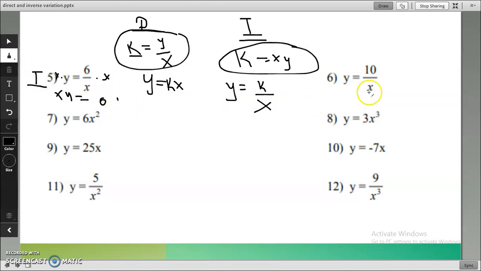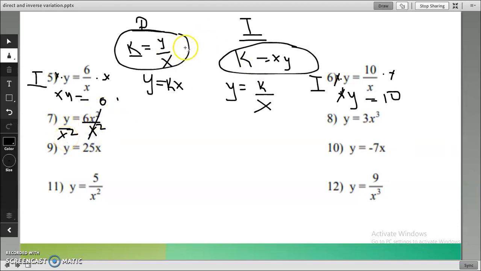So we'll put an I beside this. For the next one, I'm just going to multiply both sides by x, and I get xy again, equal to 10. Again, it's in this form, so we'll put an I for inverse. For the next one, I'm going to divide both sides by x squared, and I get 6 equals y over x squared.